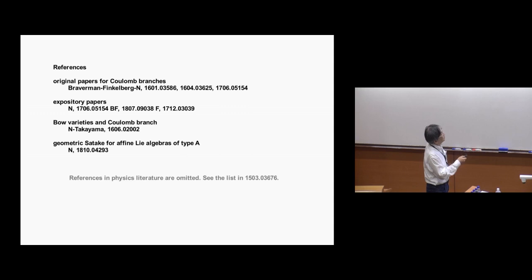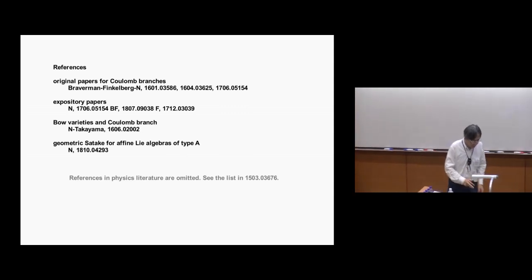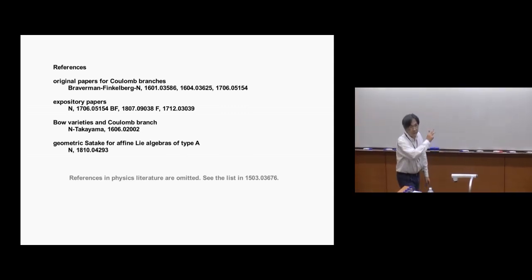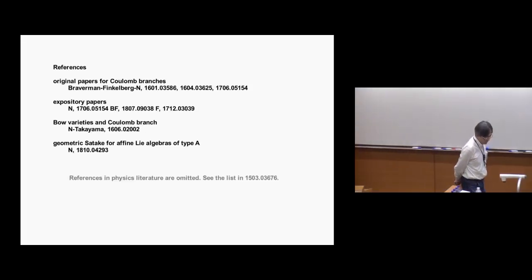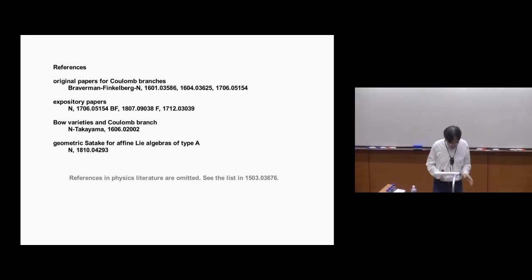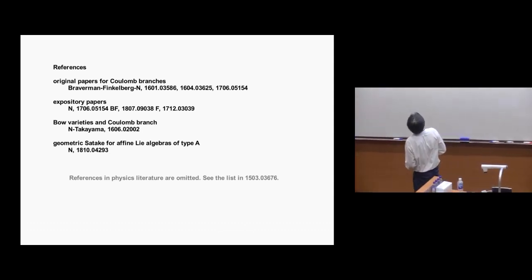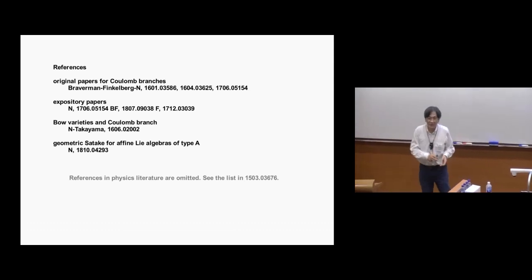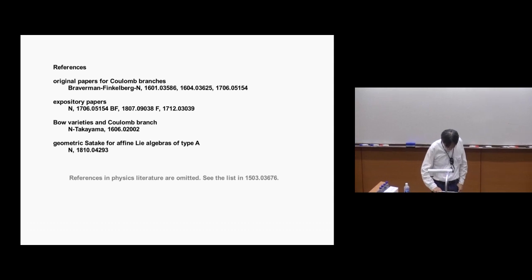This is the very first paper of myself about Coulomb branches. And also I'm planning to post these notes to my website or the conference website afterwards, so you don't need to take notes. And I think I prepared too much for this presentation, so maybe at some point I will switch to the whiteboard.